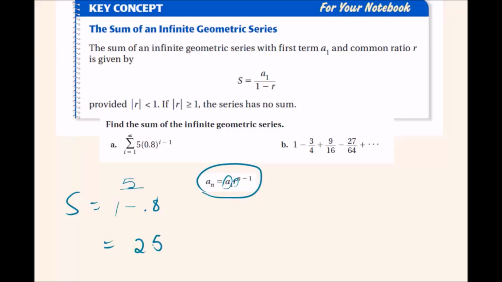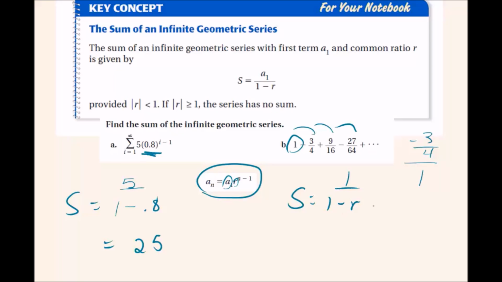For the second example, it doesn't give you the formula, but you're able to tell what a1 and r are yourself. You just might have to calculate them. So we know that a1 is the first term. a sub 1 is just 1. So S equals 1 over 1 minus r. We need to figure out what r is. That's the common ratio that changes between each term. So to find that, we do negative 3/4 divided by 1, which is negative 3/4.